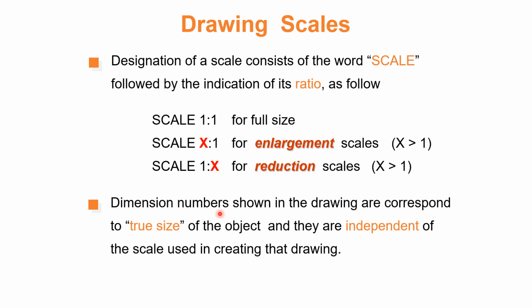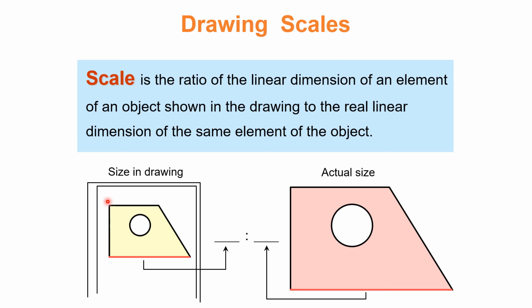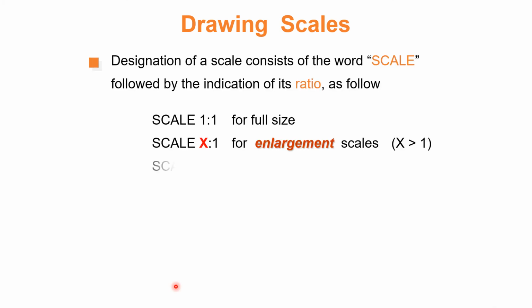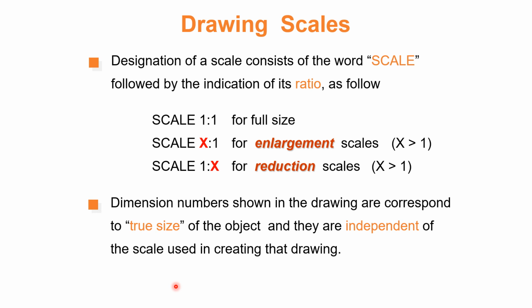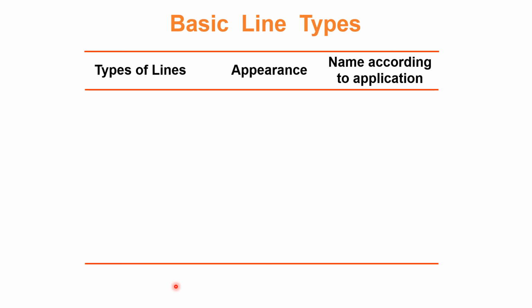For example, in the previous picture, if we measure this length and it comes to 10 inches, and the scale mentioned is 1 inch equals 1 foot, then we directly make the object in the actual field as 10 feet due to the scale mentioned. That is the meaning of this line: dimensions represent the true size.